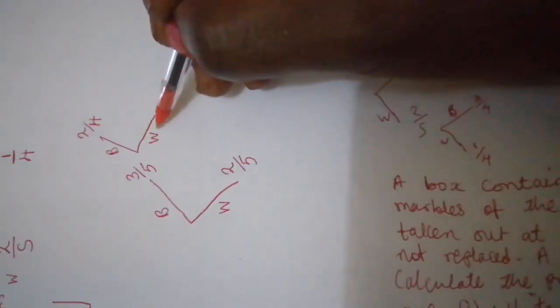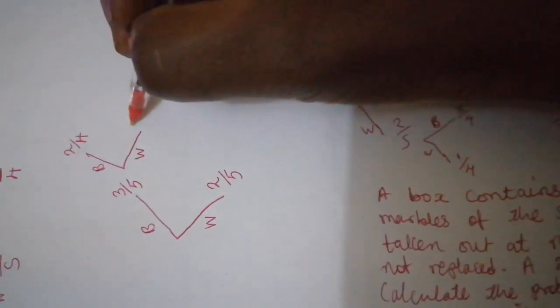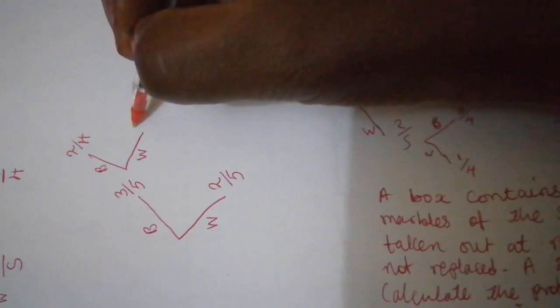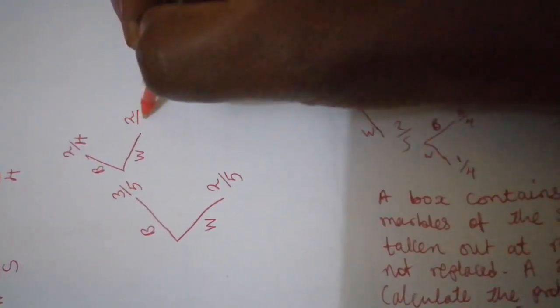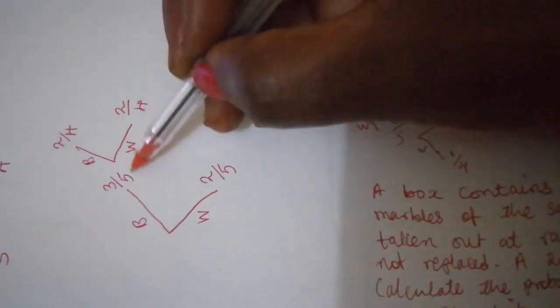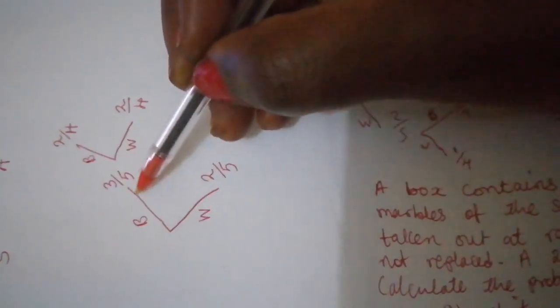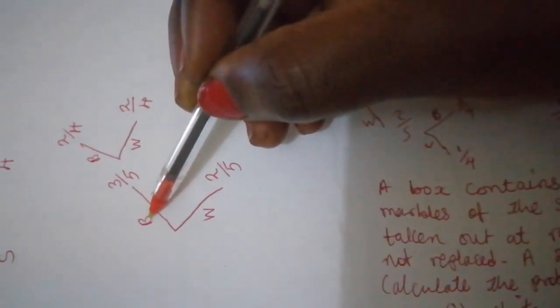Then the chances of picking white will be 2 out of 4. Okay, so since we are using this branch, it's telling us that in the first draw we picked black.